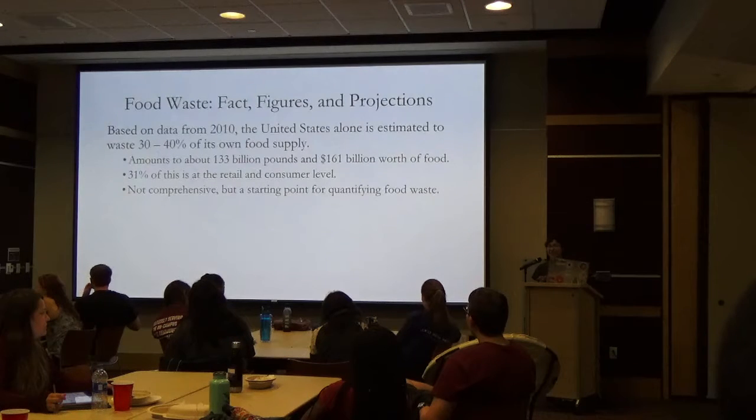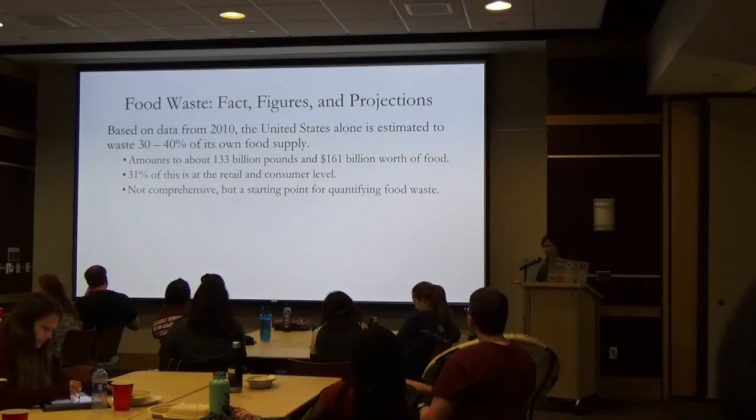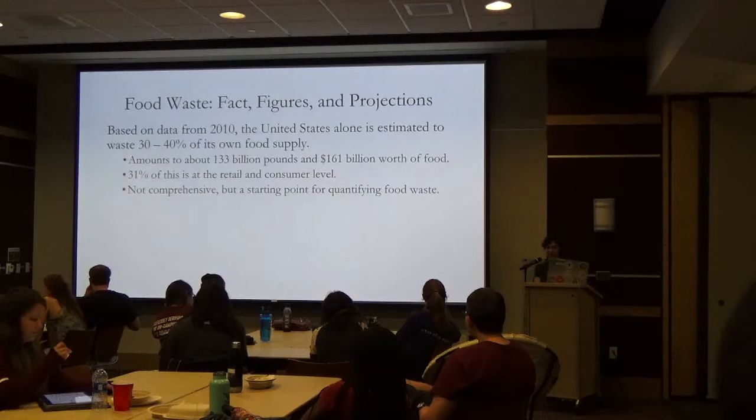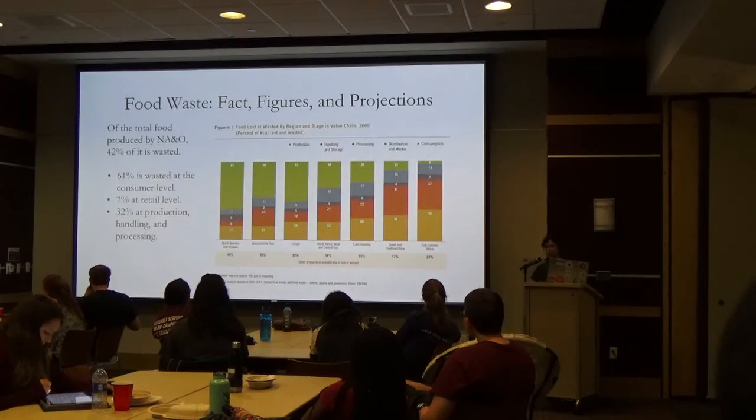So that adds up real quick, and it's not okay. 31% of this is at the retail and consumer level, and it's just the beginning of estimating that, you know. So it could definitely be affecting us more than we understand. That's 2010.